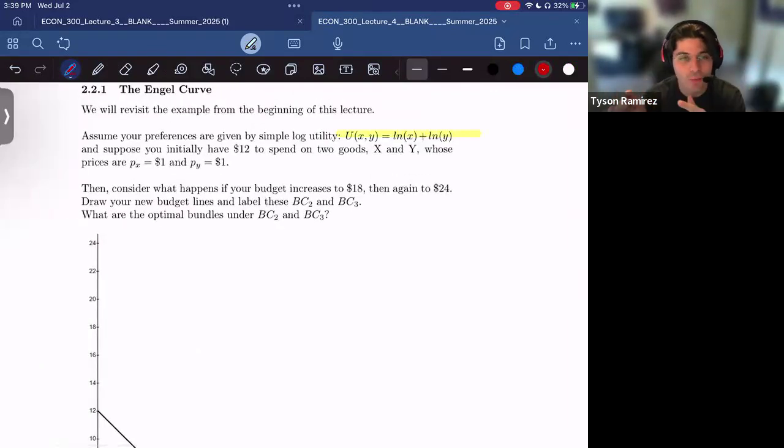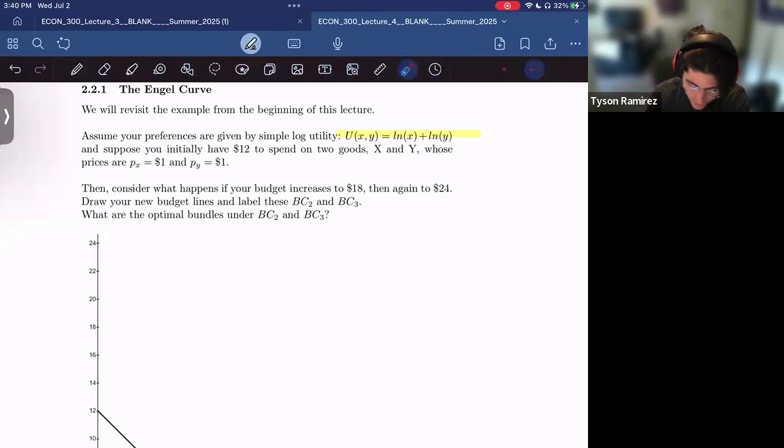PX is one and PY is one. Good X and good Y both cost $1 each. And initially you have $12 to spend. Then consider what happens if those prices are the same, but you have a greater budget. Consider specifically what happens if instead of $12, now you have $18 to spend.